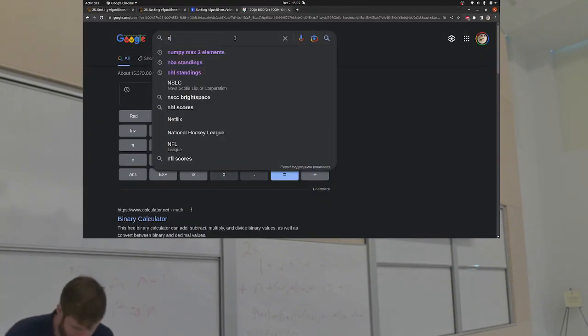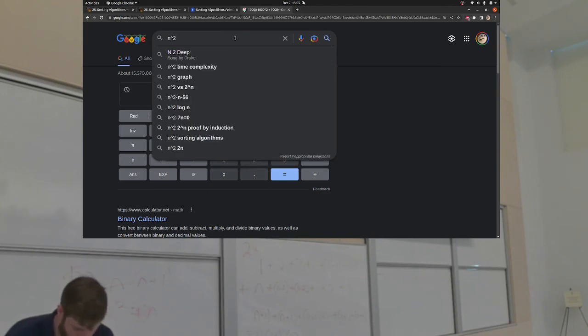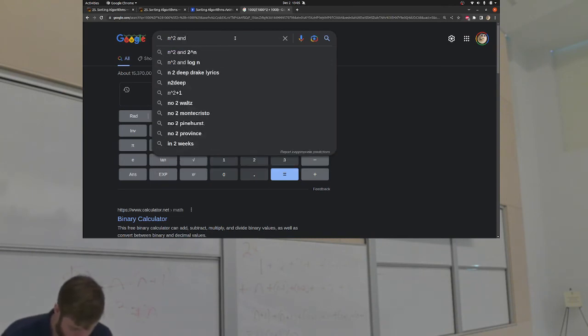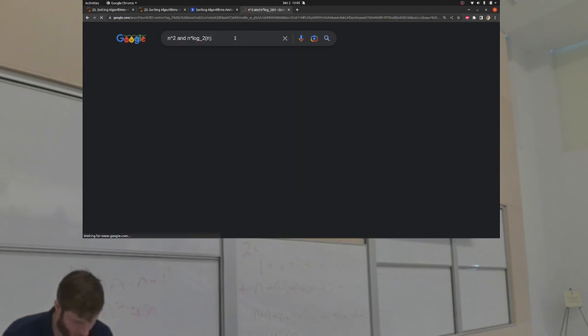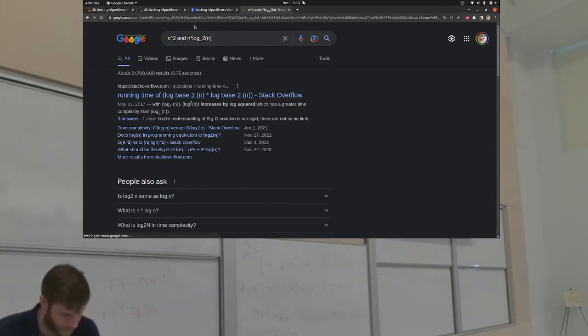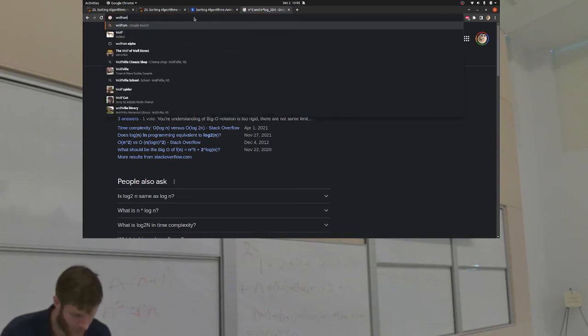Let's plot n squared and n times log base 2 of n. I don't know if it'll work properly here. Let's go to Alpha.